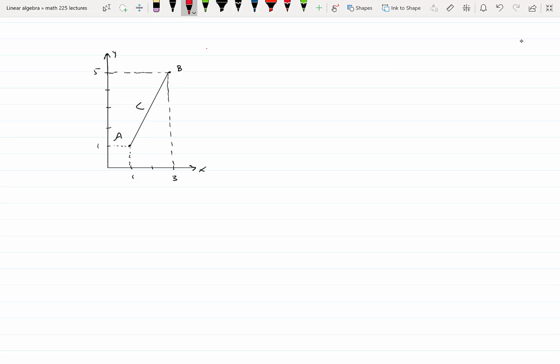It's a line segment. Remember, we talked about this in an earlier video segment. A line segment is r equals the initial position vector plus the final position vector minus the initial position vector times t, for t between 0 and 1. You always parameterize a line segment for t between 0 and 1.